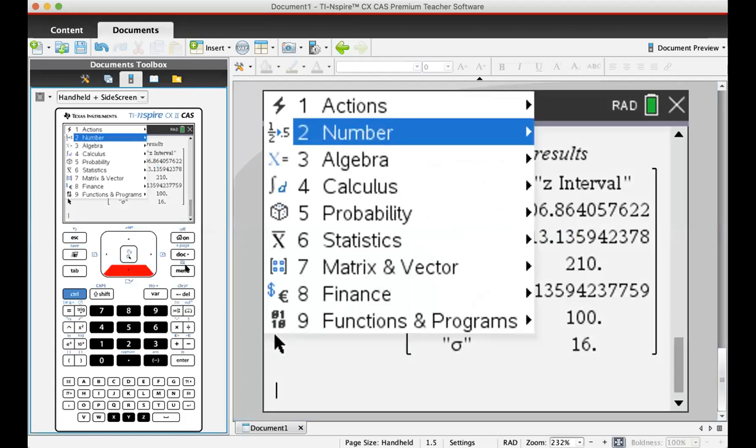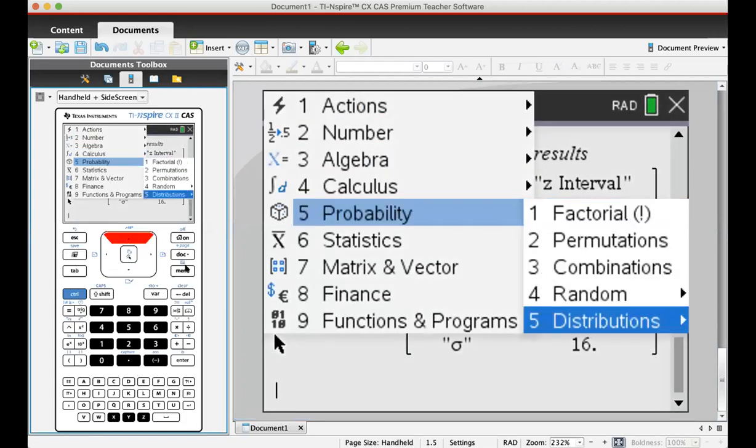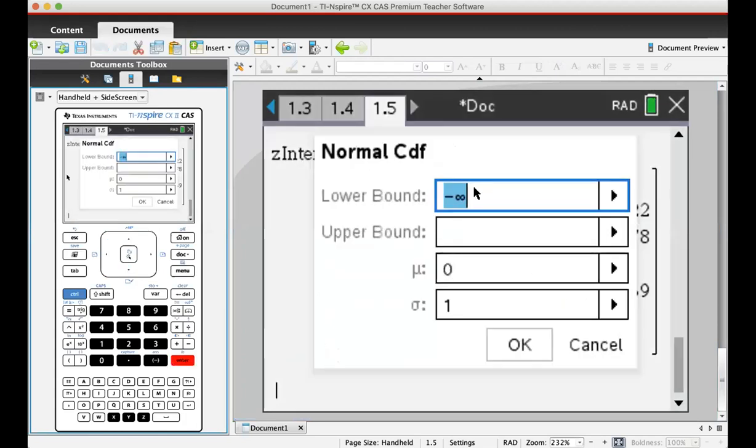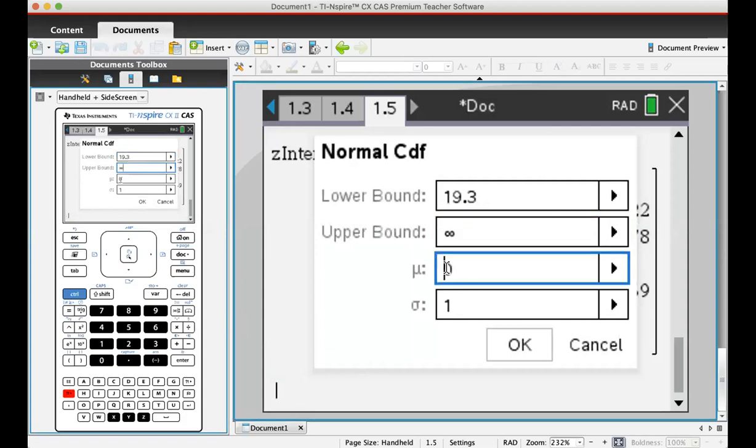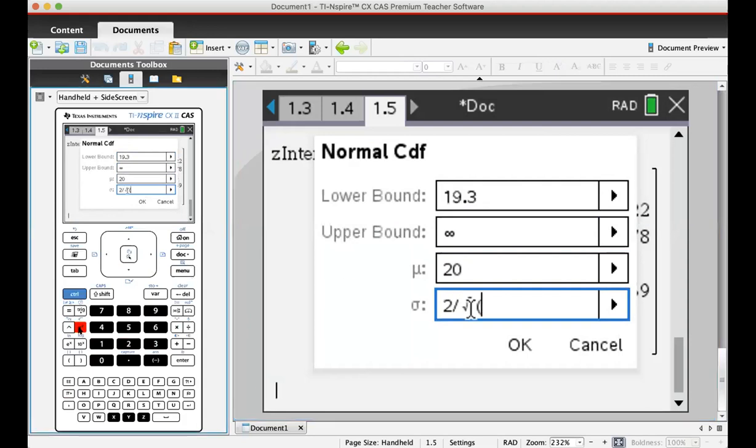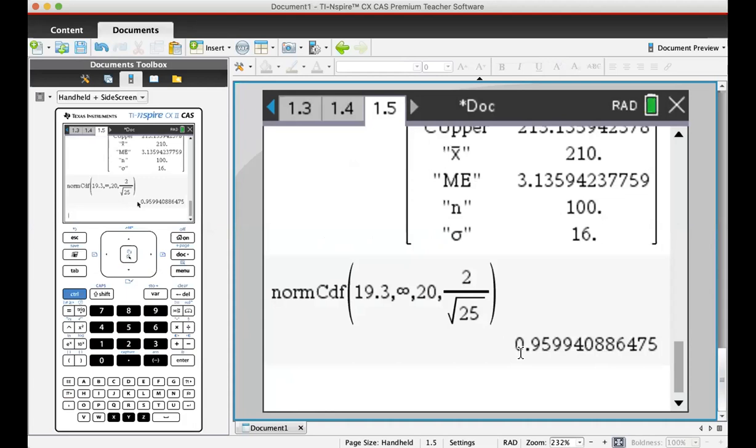Menu, probability, distributions, norm CDF. From 19.3 to infinity. Mean value is 20. Standard deviation is 2 over square root of 25, which is 2 over 5 or 0.4, whichever you like. There we go, 0.9599, okay? So the last option is the option we want. Choose E, okay?